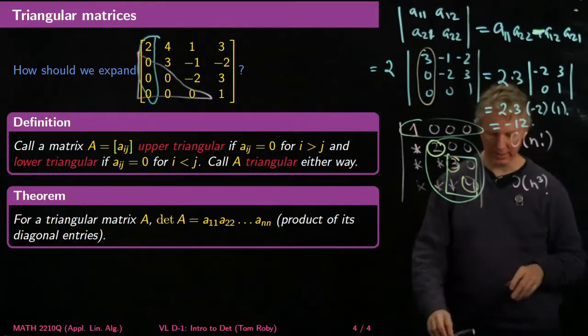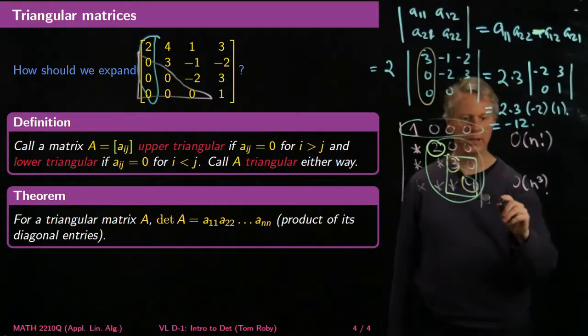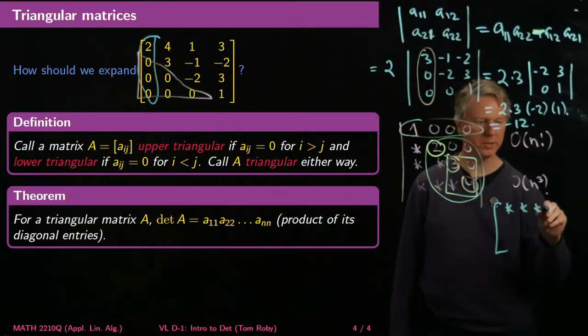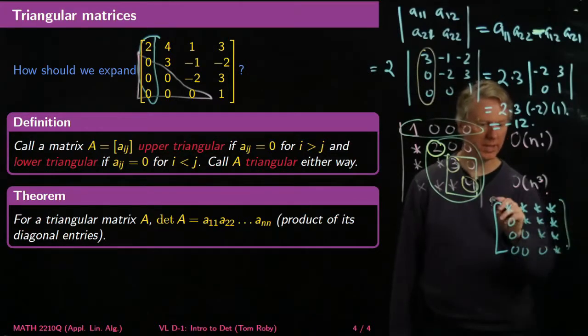And I guess upper triangular and lower triangular matrices in general, I would say, an upper triangular matrix has the form star, star, star, star, 0, star, star, where star means it can be anything. Right, so that's lower triangular.